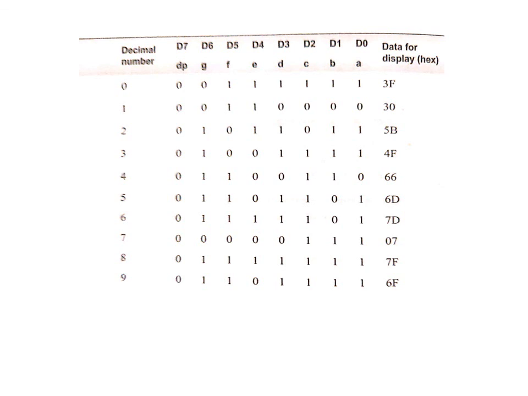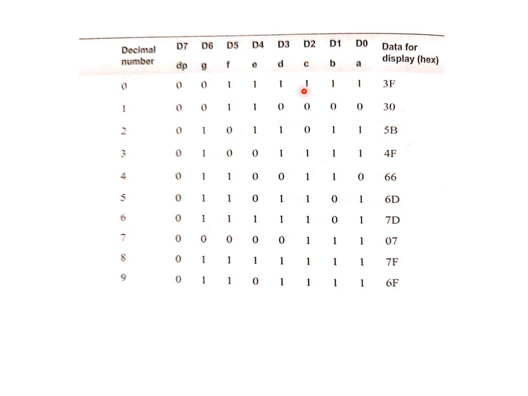Now check the control logic or function table to display your 7 segment data. If you want to display decimal number 0, check which of the 7 segments, A, B, C, D, E, F, G, and the decimal point DP, are on or off.